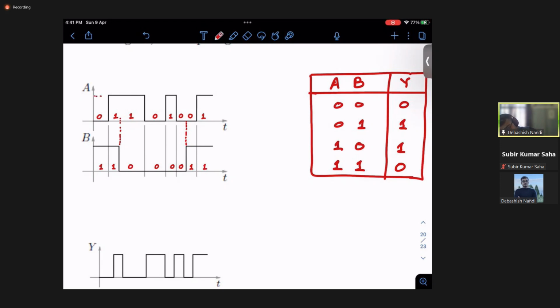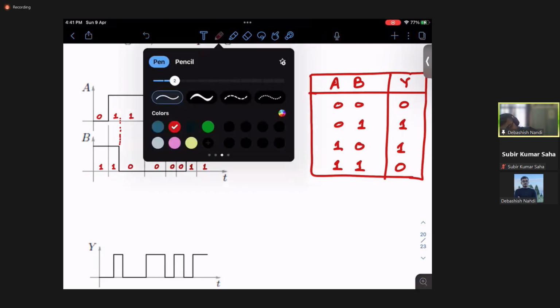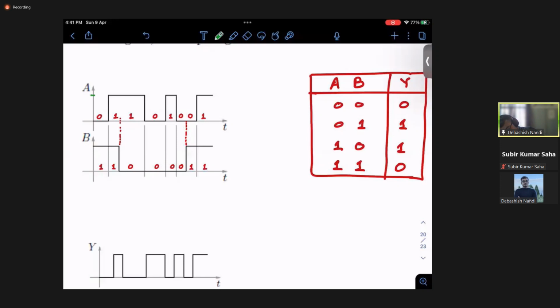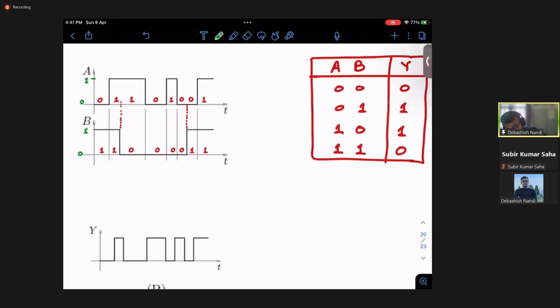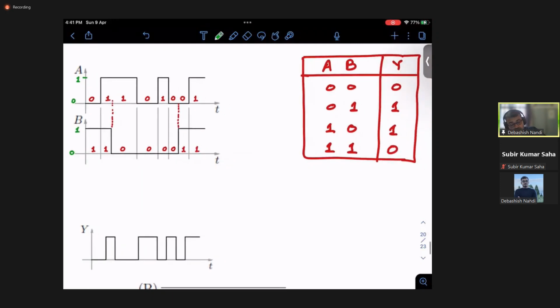Because this level is 1, this level is 0. This level is 1, this level is 0. I am just labeling the pulses. So you see, whenever either of A and B is 0, you have this relation.